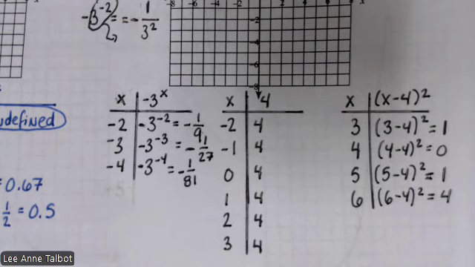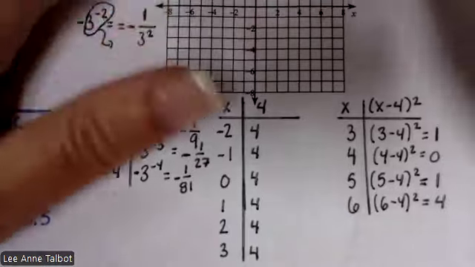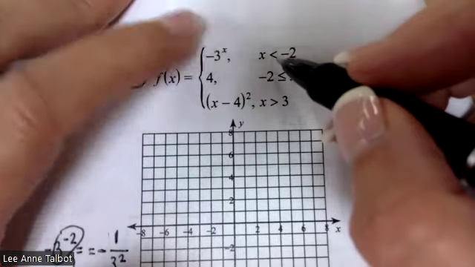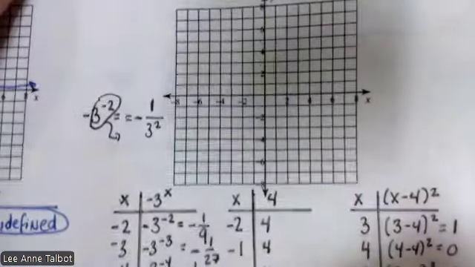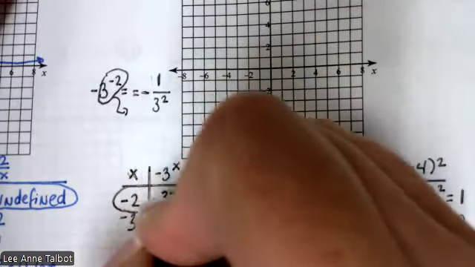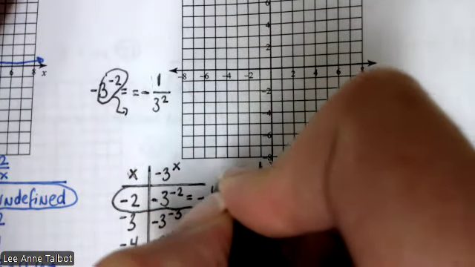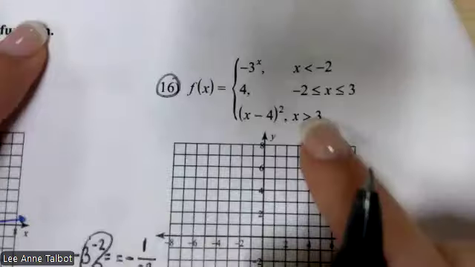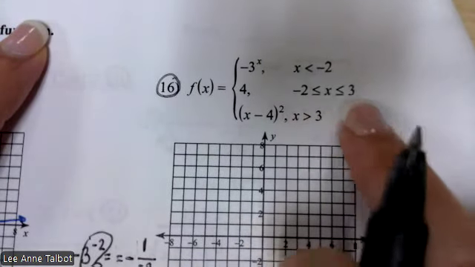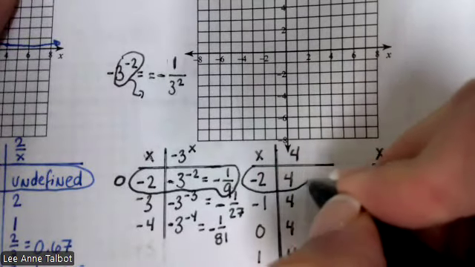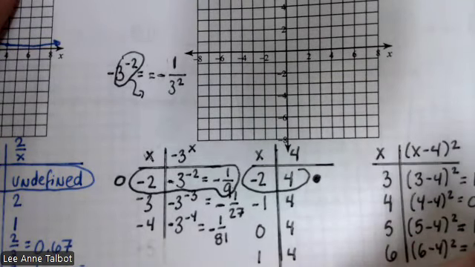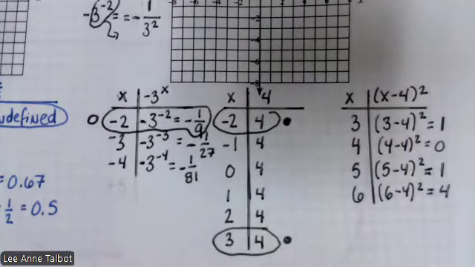Okay, now we're going to find our boundary points. The boundary points are where these things are. So this is telling me this first one is open at negative 2. So I'm going to put an open circle there. This is telling me it's closed at negative 2 and closed at 3. Closed. Closed.